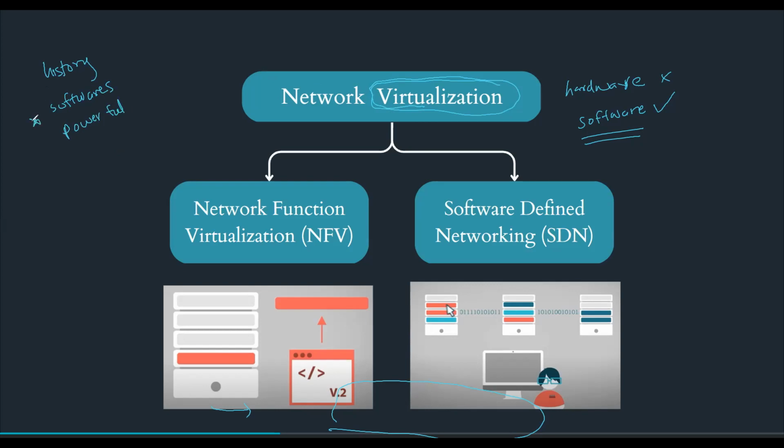It has come to the stage where software is able to code the functions of the network, such as routing and firewalling, data forwarding, which were done using specific hardware. Now we can actually use software to do that.